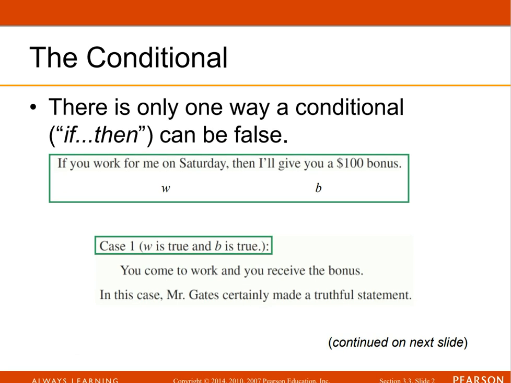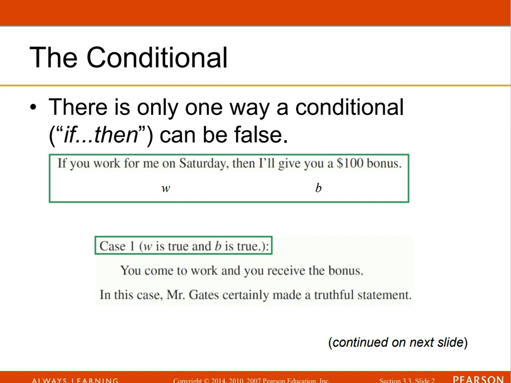Okay. On a conditional, there is only one way that a conditional statement can be false. And remember, the conditionals are your if-thens. So what they do is they go through the four cases.